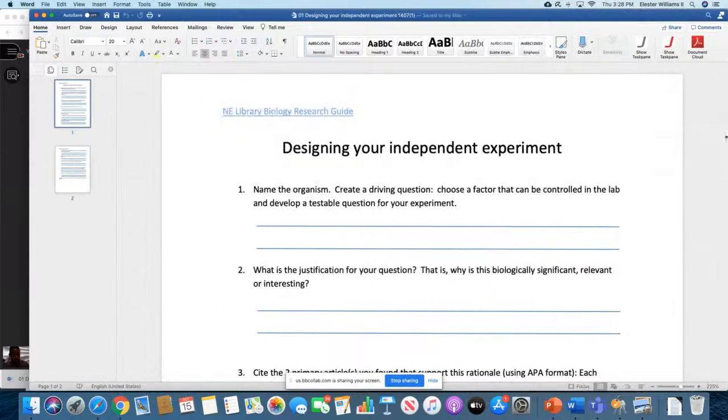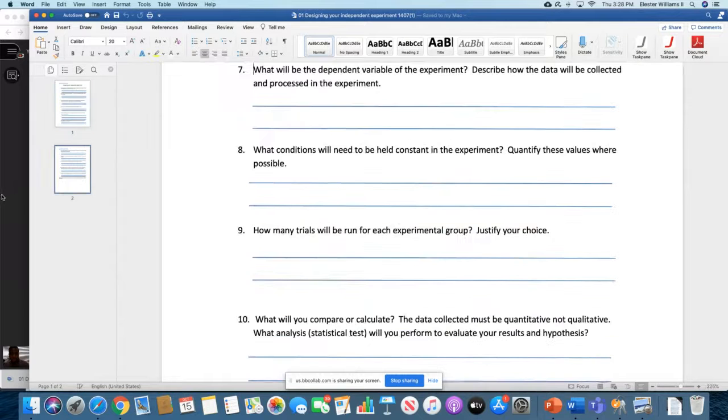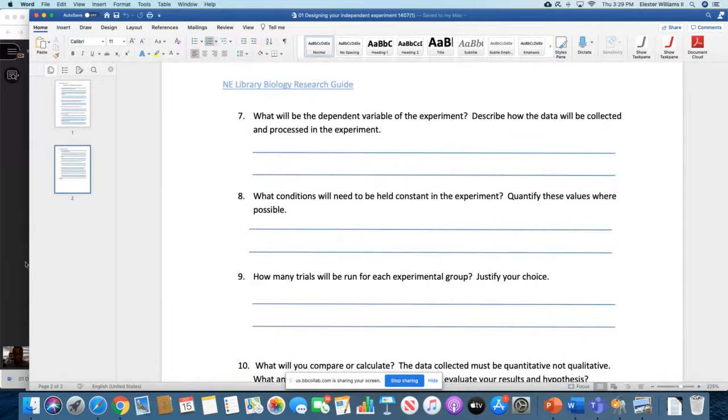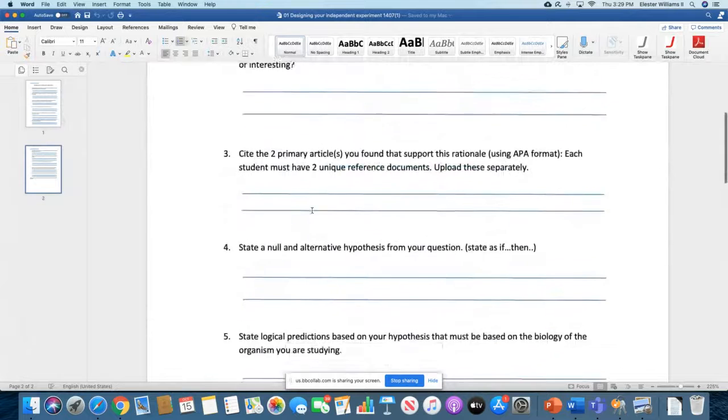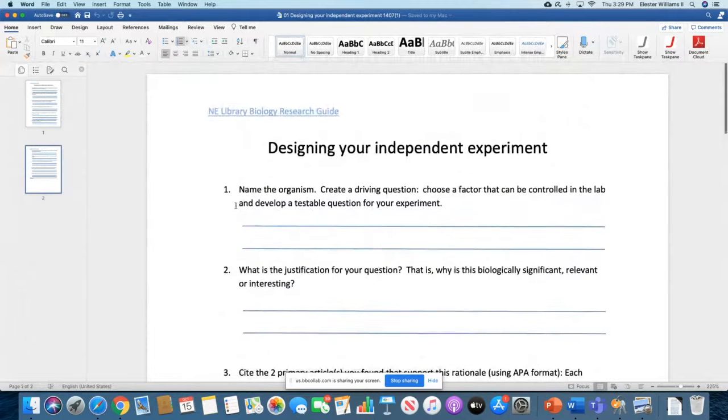All right, so the first document is a file on designing your experimental research experiment. It asks you a list of questions.